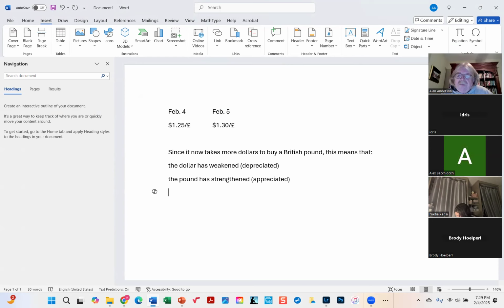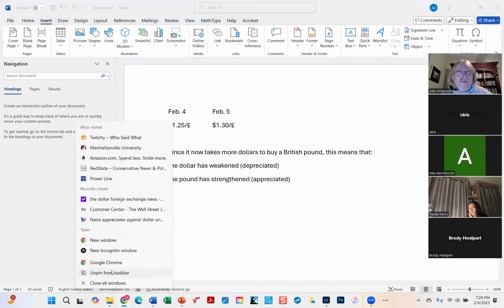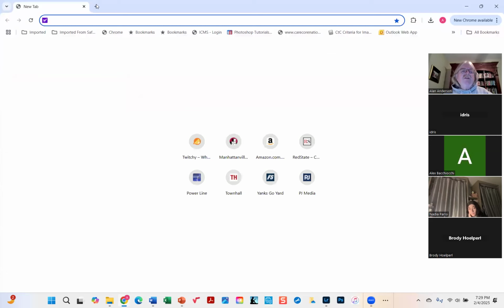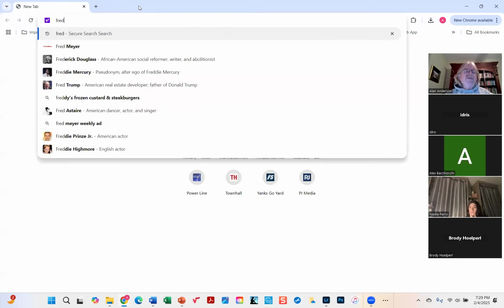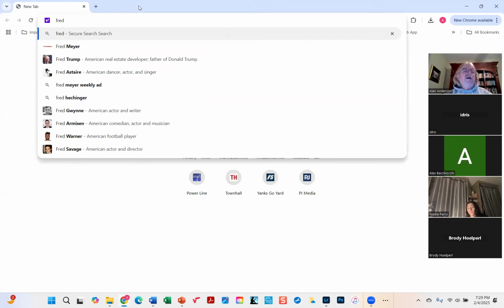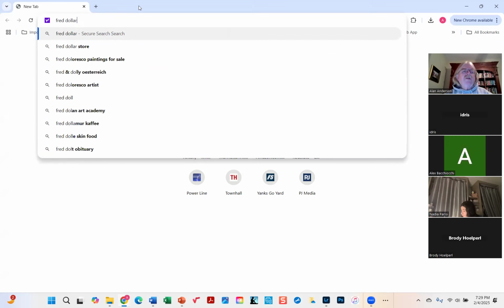strengthening, or appreciation. And I think I showed everyone last time where to find information, at least about the dollar pound exchange rate over time. If you go to the Federal Reserve Economic Database, FRED, you'll find what you need.